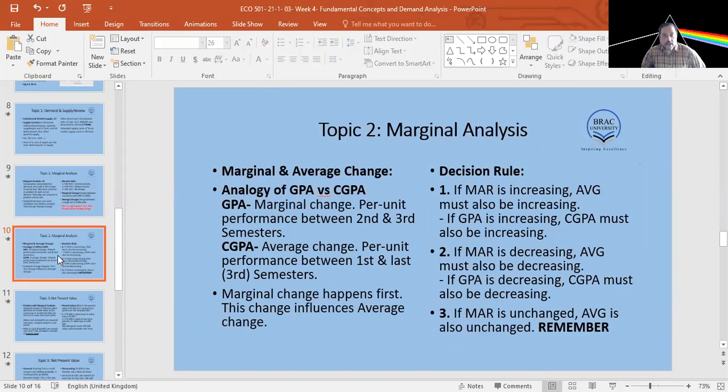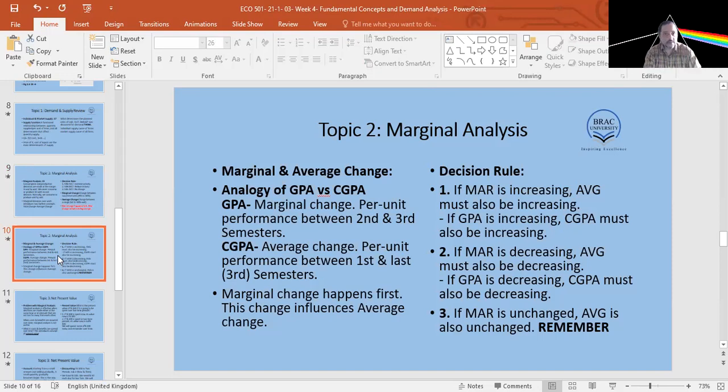I have a very good analogy which I use, and probably you will also automatically identify with it. Even if we don't know what marginal change and average change are, we are familiar with GPA and CGPA. What is GPA? A GPA is your average performance in one particular semester, one unit. What is CGPA? CGPA is the average of all these units from the first semester to the last observed semester.